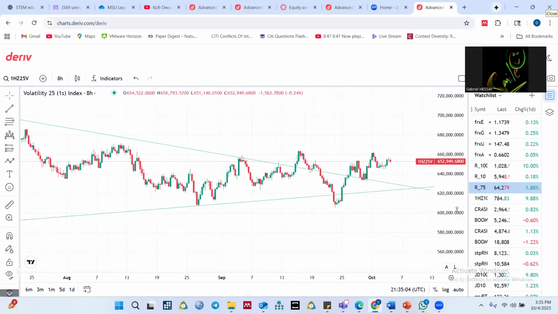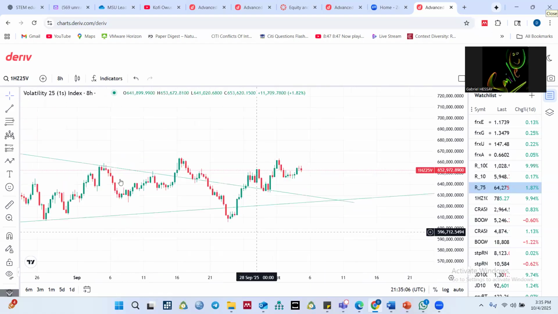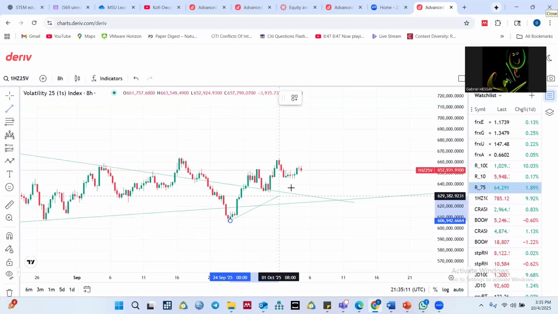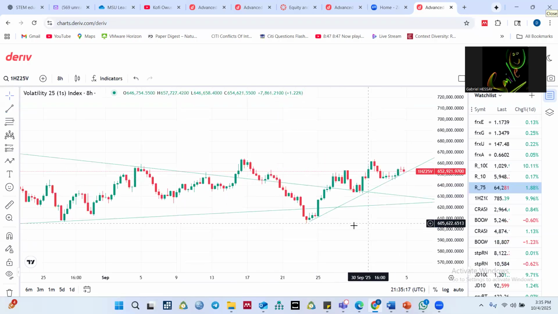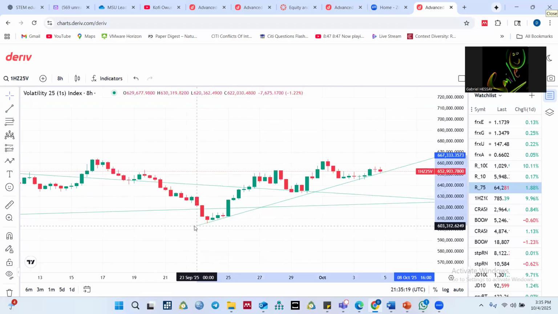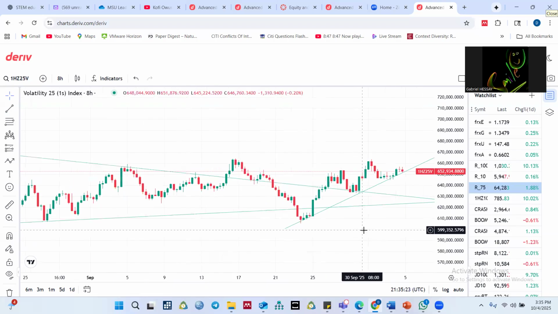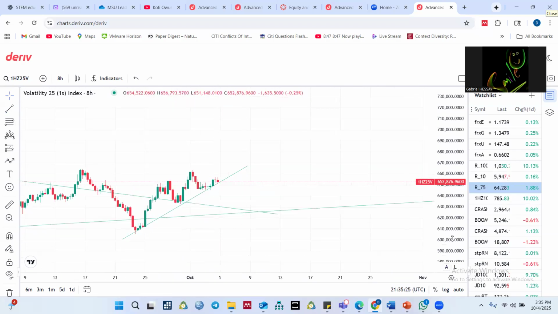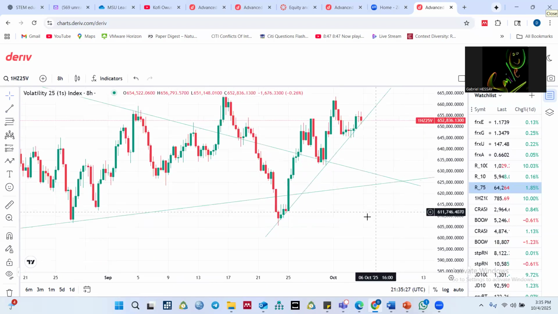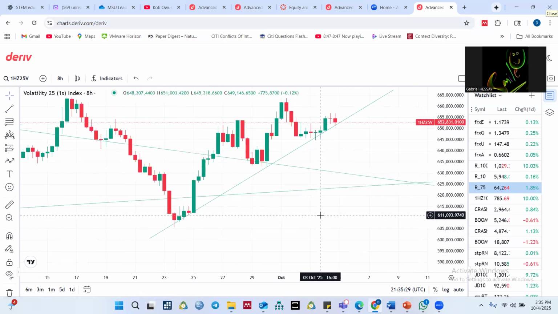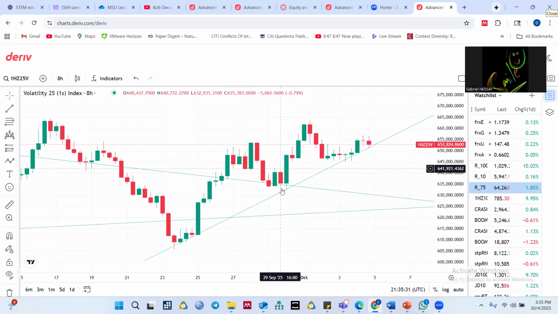Also, we can say that if we take price from here and we are measuring, we can see, did price test this trend line?